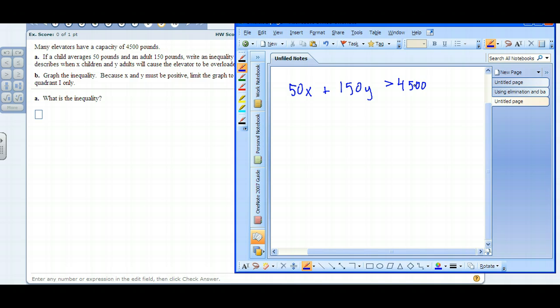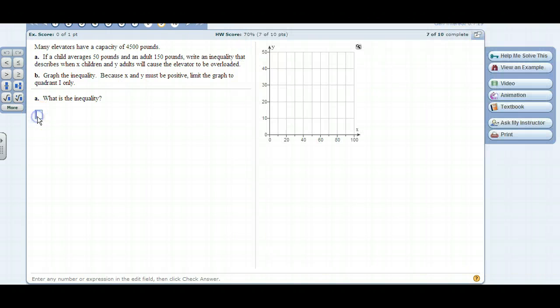Okay, so part A wants to know what is the inequality. So there it is. 50x plus 150y is greater than 4,500.